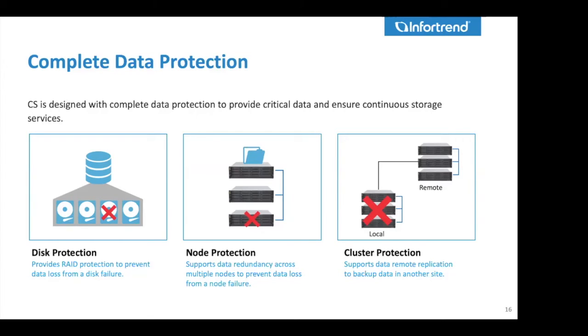And Infortrend also support cluster protection, so that a single cluster can be replicated to a remote cluster. So should one site fail due to, you know, fire, flood, or loss of power, etc., any of those kind of scenarios, that data would still be available at a second site or across a campus, for example.